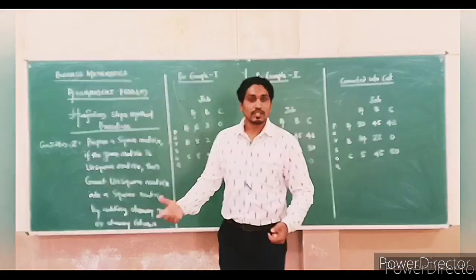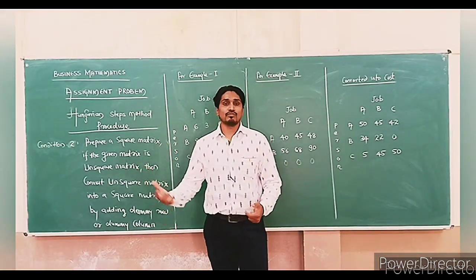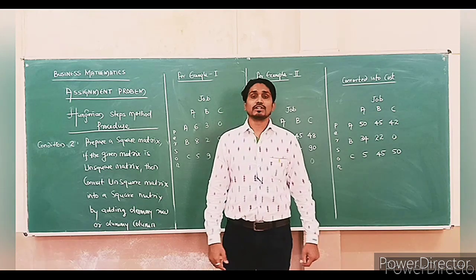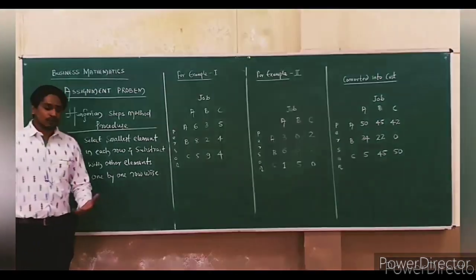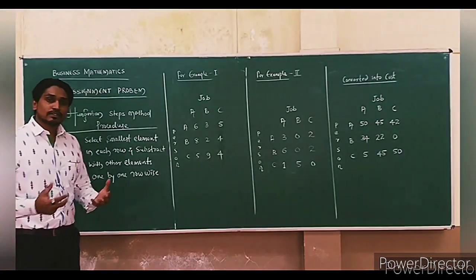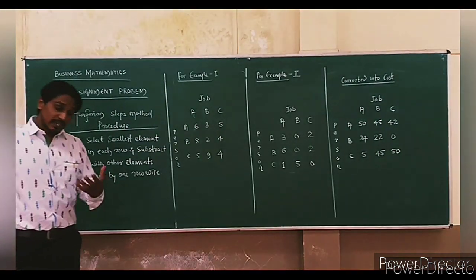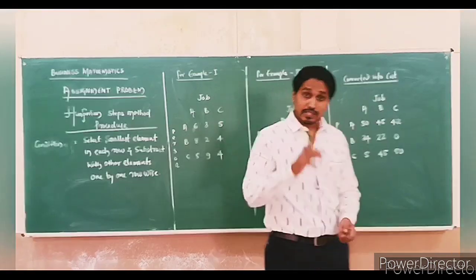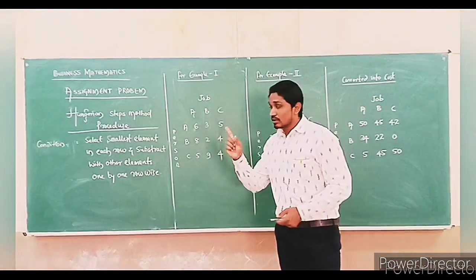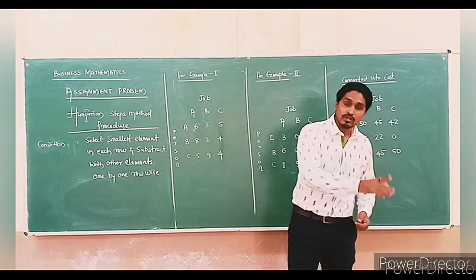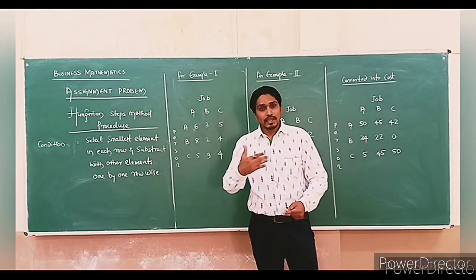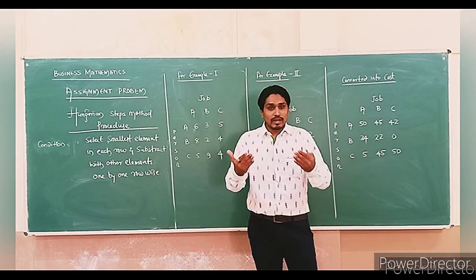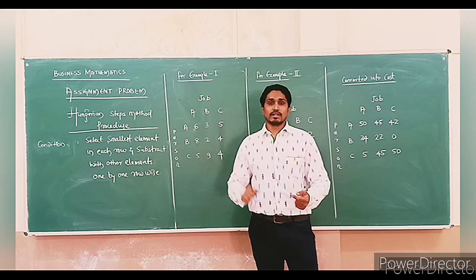Next we move further to the real steps of the Hungarian method procedure. Friends, now it is time to learn the main steps of the Hungarian method procedure. The steps start when you convert the profit matrix into a cost matrix and again prepare your square matrix if it is an unsquare matrix.